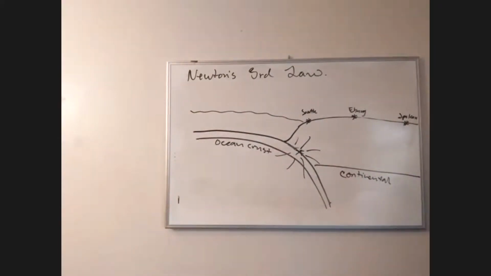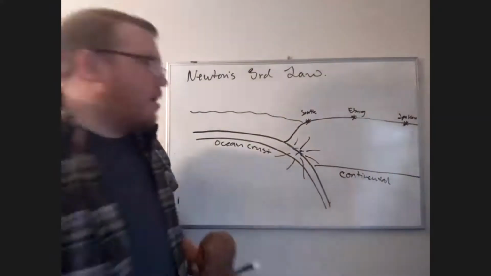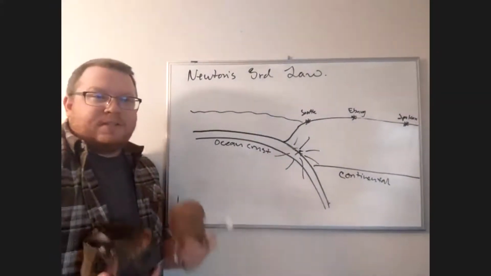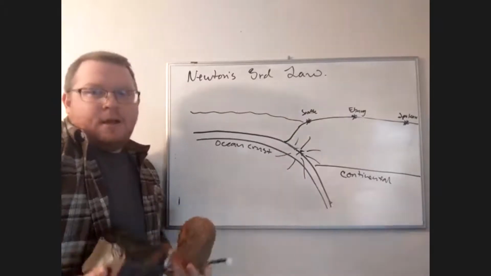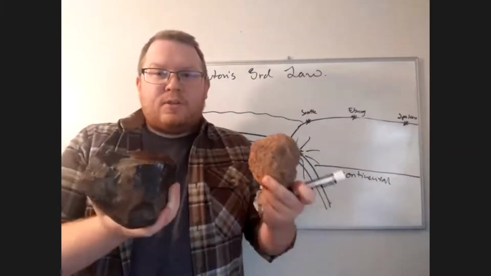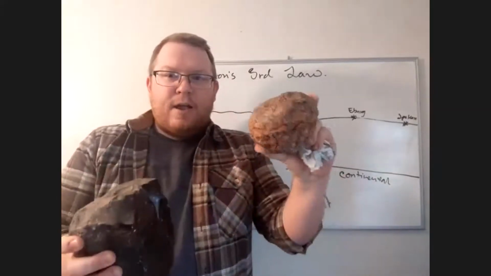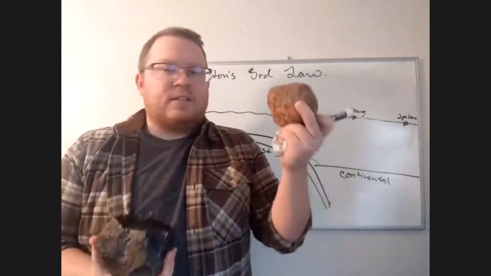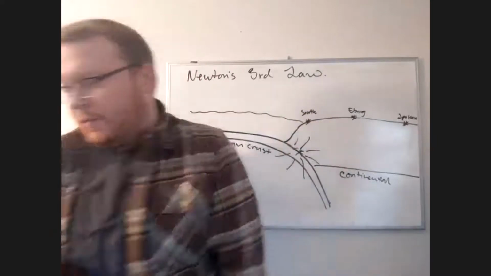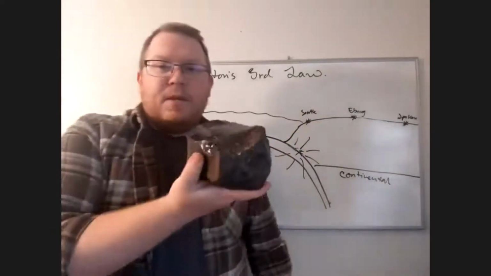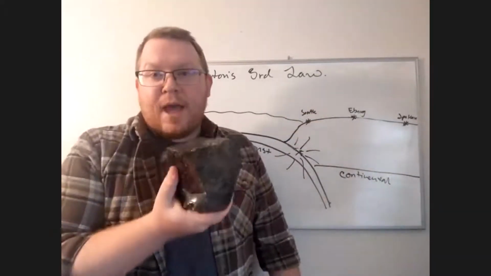Because crust comes in all different shapes and sizes and densities, I have two pieces of crust right here. They're about the same size, right? This piece of crust is light enough to float in water, whereas this piece of crust weighs almost 20 pounds.